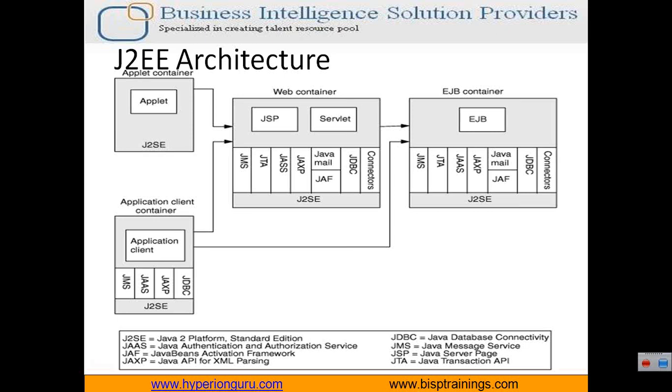The web container contains connectors, JDBC, JavaMail, JAX. If you are aware of these Java technologies, you'll come to know what exactly these components are. JMS handles the Java Messaging Service, and JTA handles the Java transaction APIs, and JAX, JAS, all those things handle their own respective functionalities.